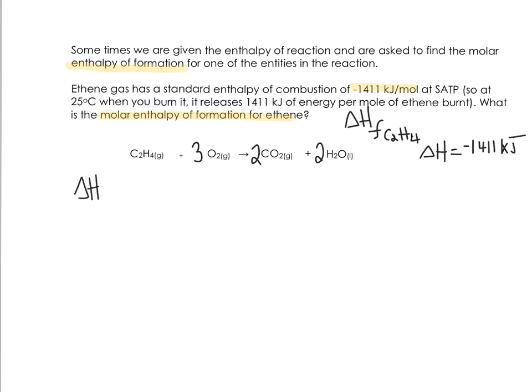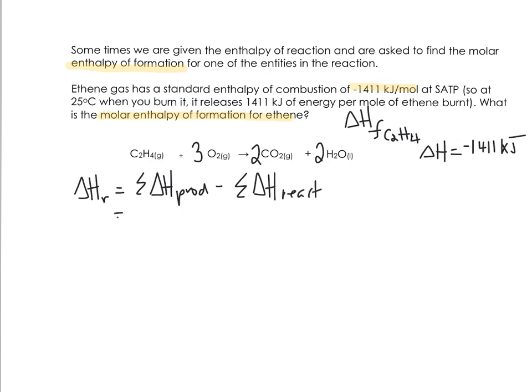All right, now let's set it up. Delta H for the reaction is equal to the sum of the enthalpy changes for the products minus the sum of the enthalpy changes for the reactants.